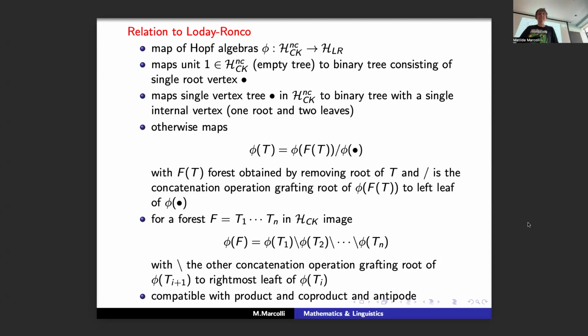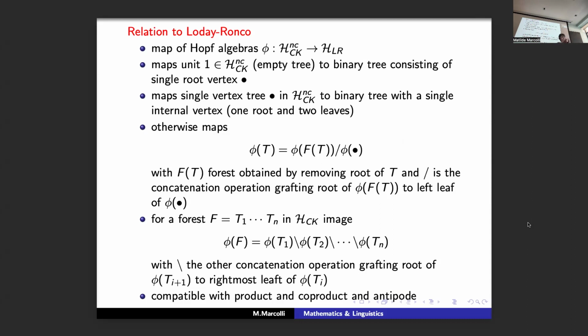leaves underneath. And then you build inductively the map, where you take a tree, you remove the root of the tree, so you cut it into a forest, and then you do this operation. So you have a map, which I'm going to describe in a moment, that assigns an element in the Loday-Ronco Hopf algebra to a forest.